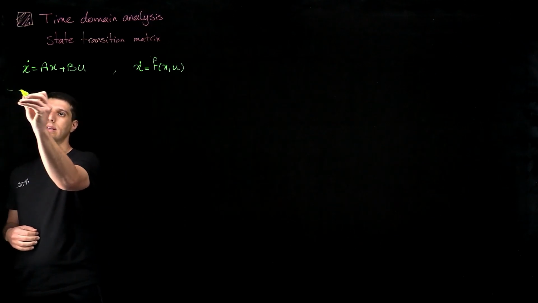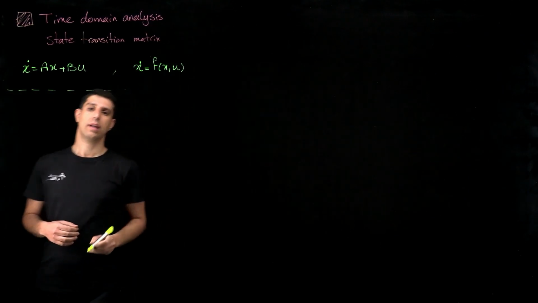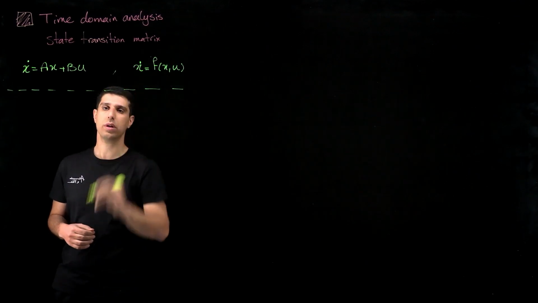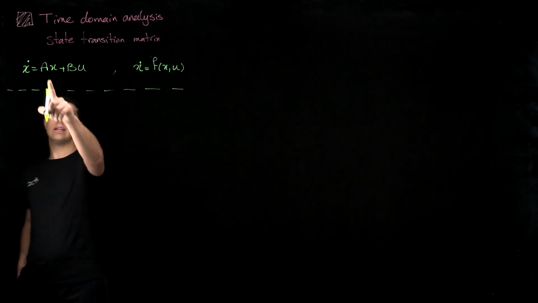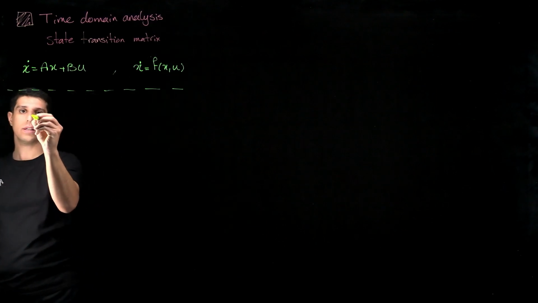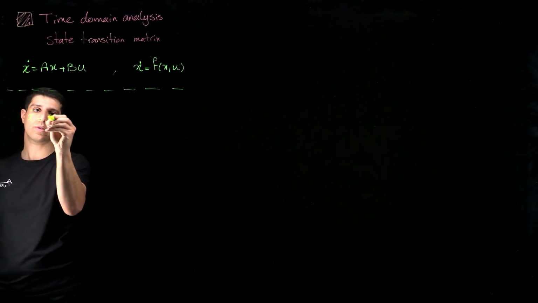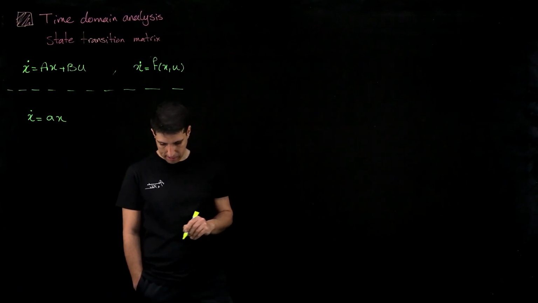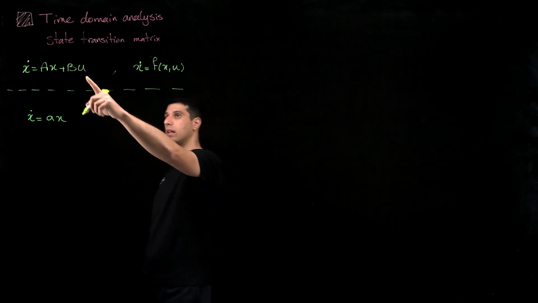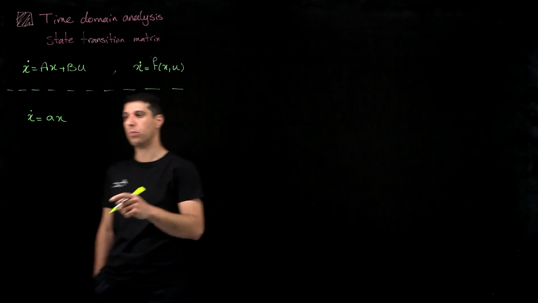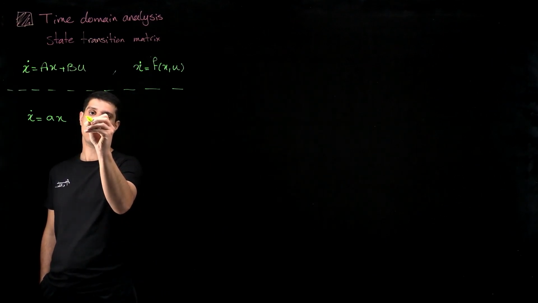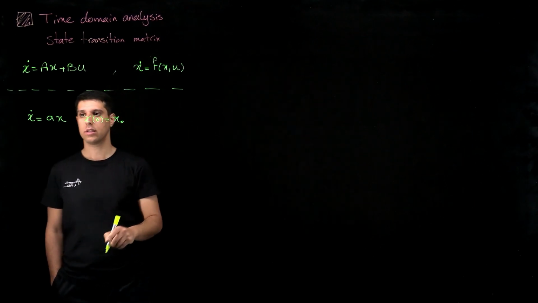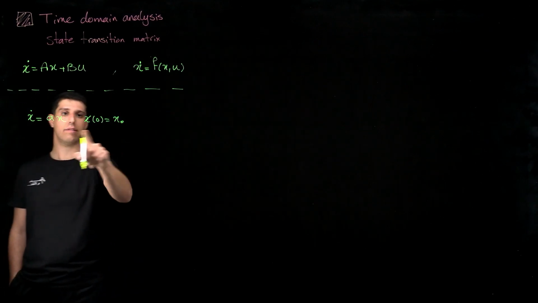To do that, let's start with a simpler case that we are familiar with. Let's start with the scalar version of this. So I have x dot equals ax. For now, assume there is no u, so I'm looking for the natural response due to initial condition given x naught. So these are all just scalar values.